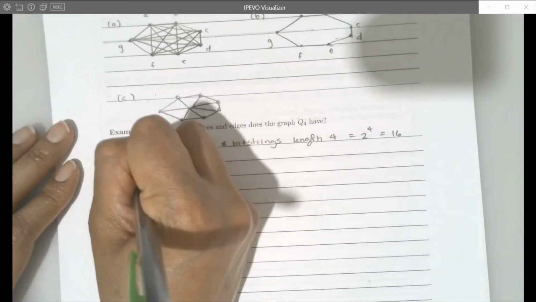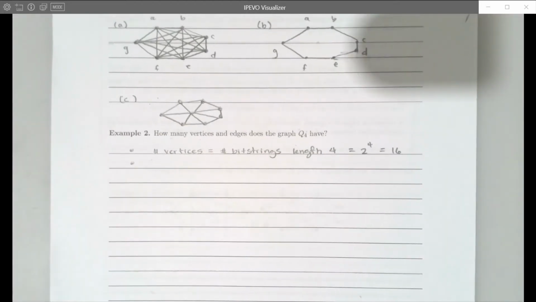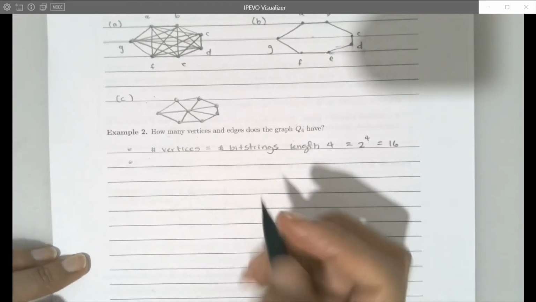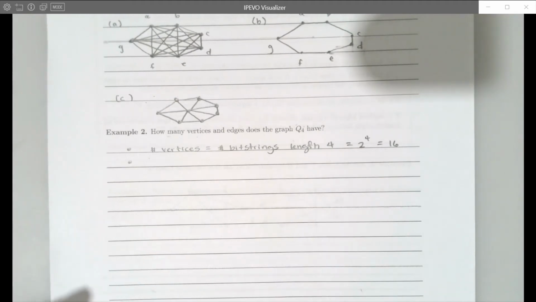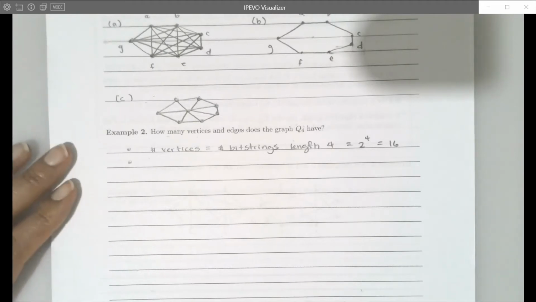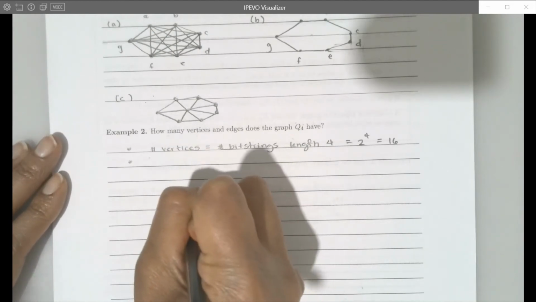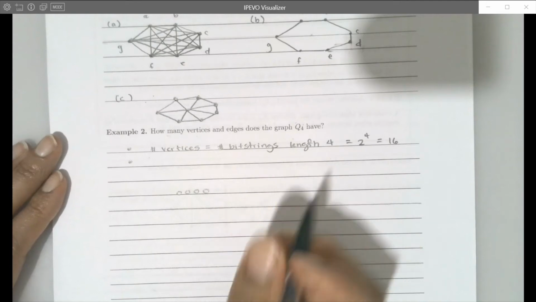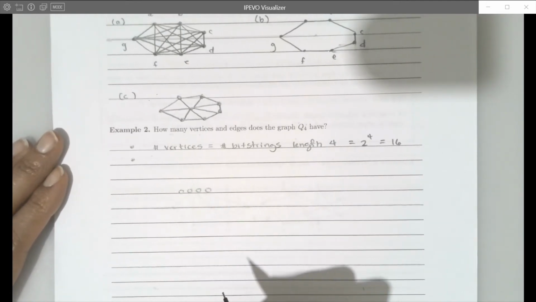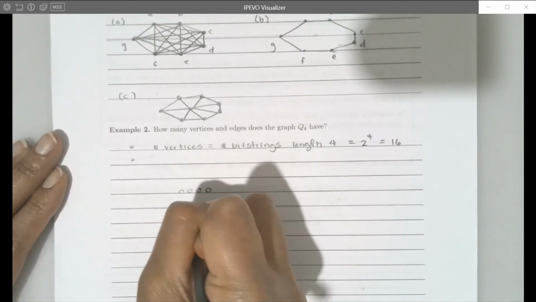Now for the number of edges, you could do this using combinatorics and counting. But I'm going to go ahead and list out all of the possible bit strings, which would be represented by nodes in the graph. And then we'll see where all of the connections are, and we'll count those connections. Part of the reason why I'm doing it in this way is because I want to show you that it gets pretty complicated pretty fast, and it's not something you can easily draw.